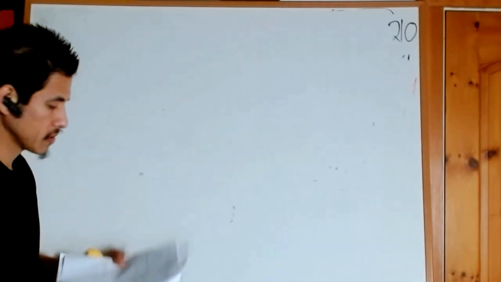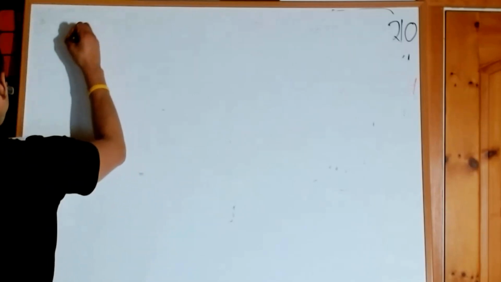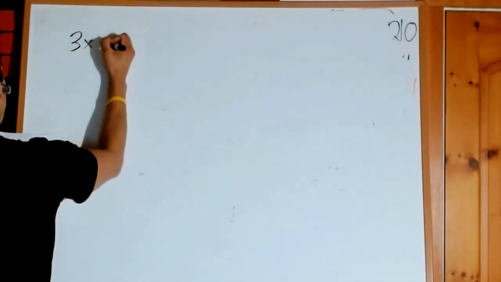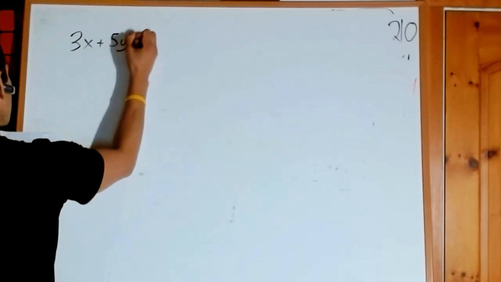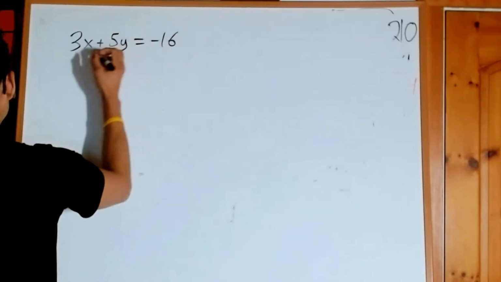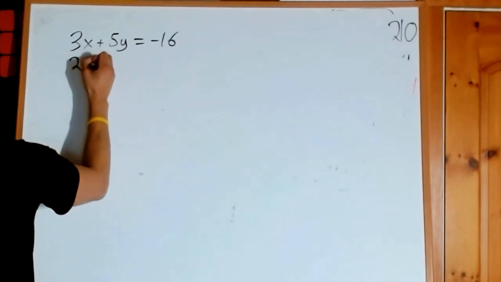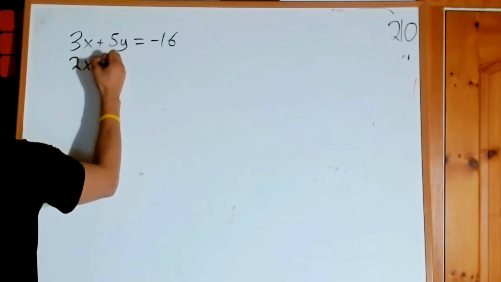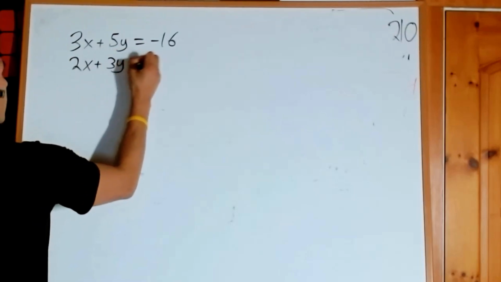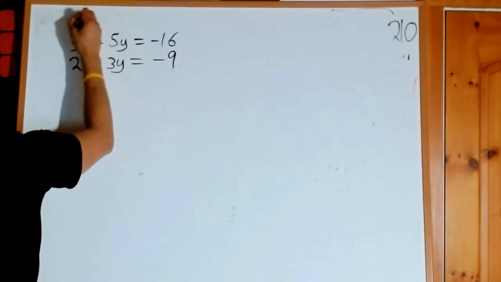So for this next one, we'll have 3x plus 5y equals negative 16, and then 2x plus 3y equals negative 9.